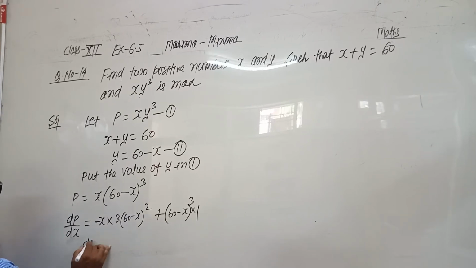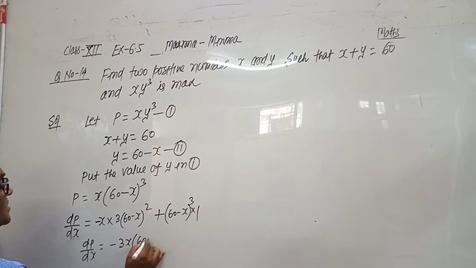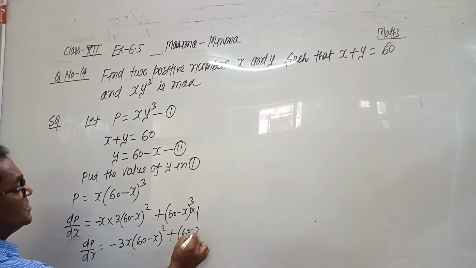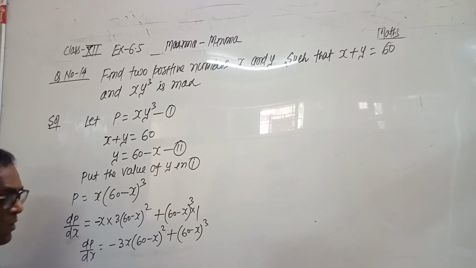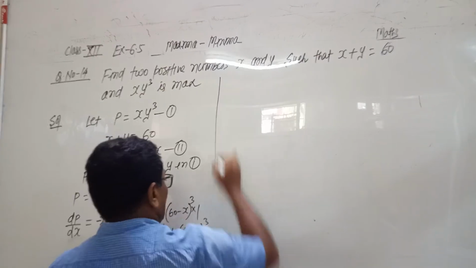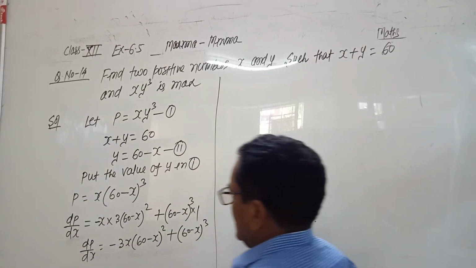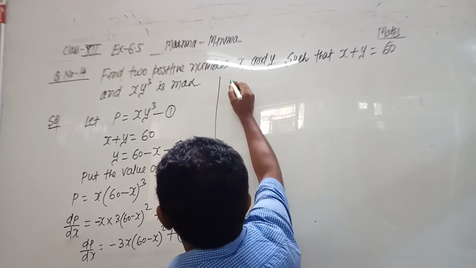So we get dP by dx equals minus 3x times 60 minus x the whole square plus 60 minus x the whole cube. Now we have to make it equal to 0.